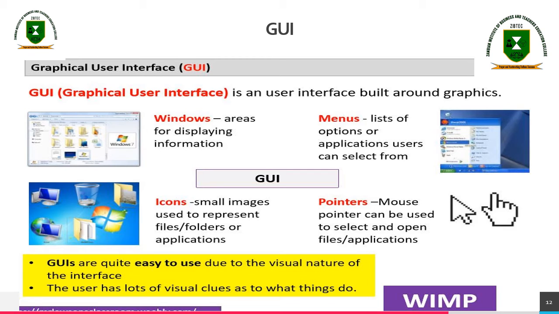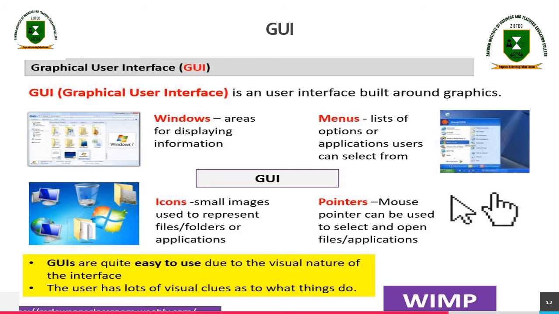It is a user interface that is built around graphics. So for example, windows are areas for displaying information. This area where the orders are being displayed, this is called what? The GUI, the graphical user interface. It is able to display things in form of graphics, pictures, and all that.